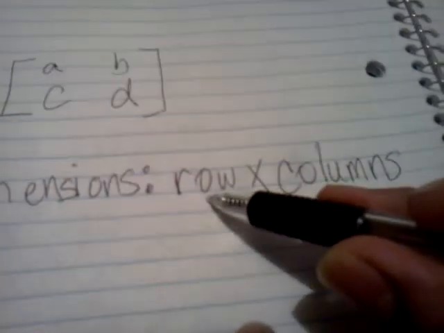So this number in the front would be the rows, then we put the times sign, then we put the number of columns. So if we look at this regular matrix, the rows are like this, from left to right. How many of those do you have, right?